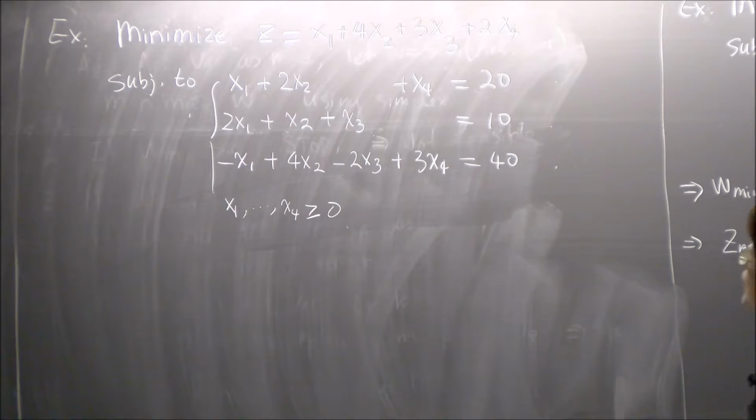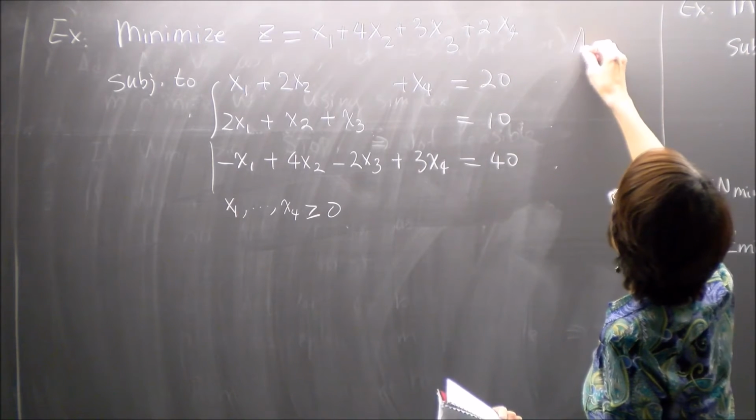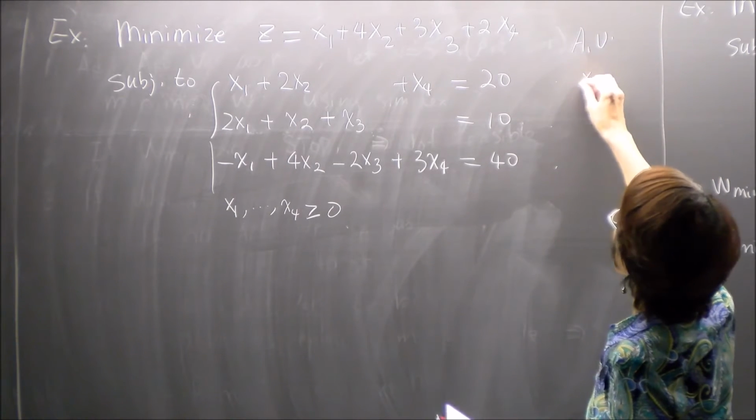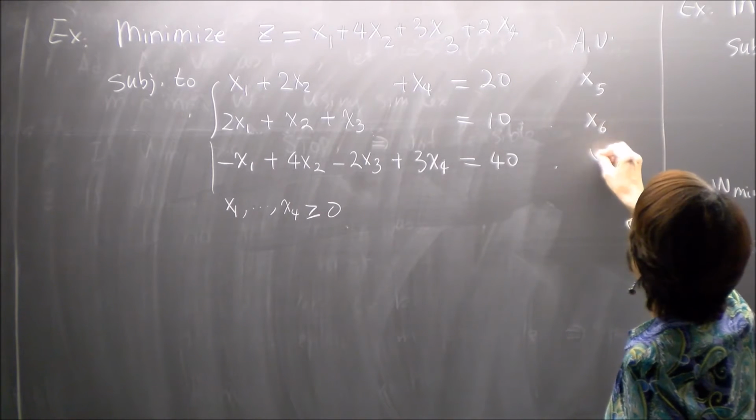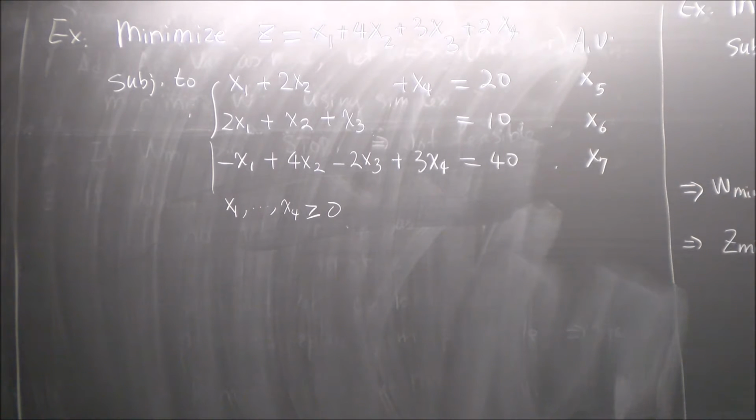Do I have any variable that is ready that I can use as basic variables? I don't see it, right? No column contains only one 1. So I'll be adding 3 artificial variables: this one will be x5, I will add an x6, I will add an x7 for these 3 equations.